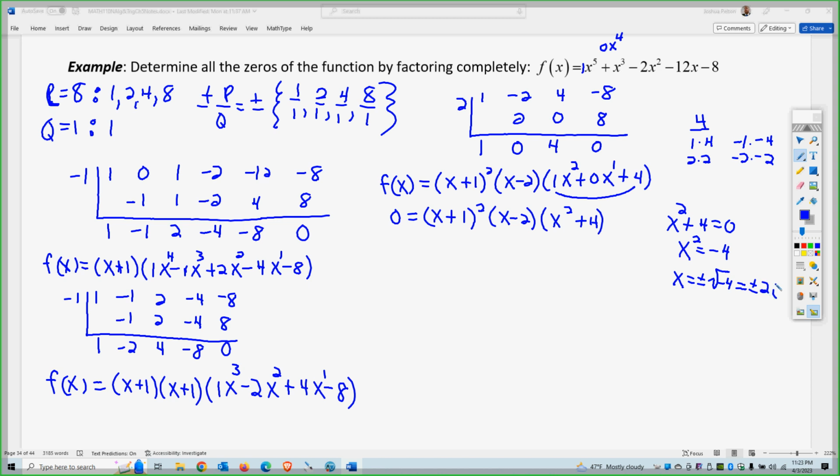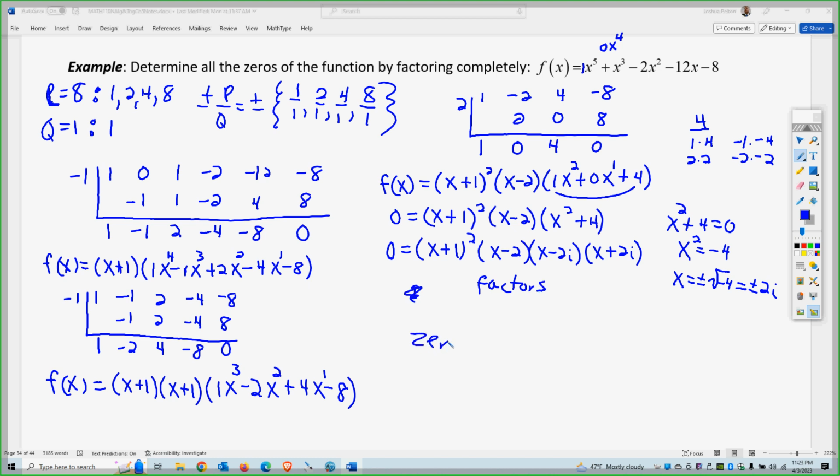Because it's imaginary, take the negative 1 out. So 0 equals x plus 1 squared, x minus 2, and then x minus 2i and x plus 2i are the actual factors, right?